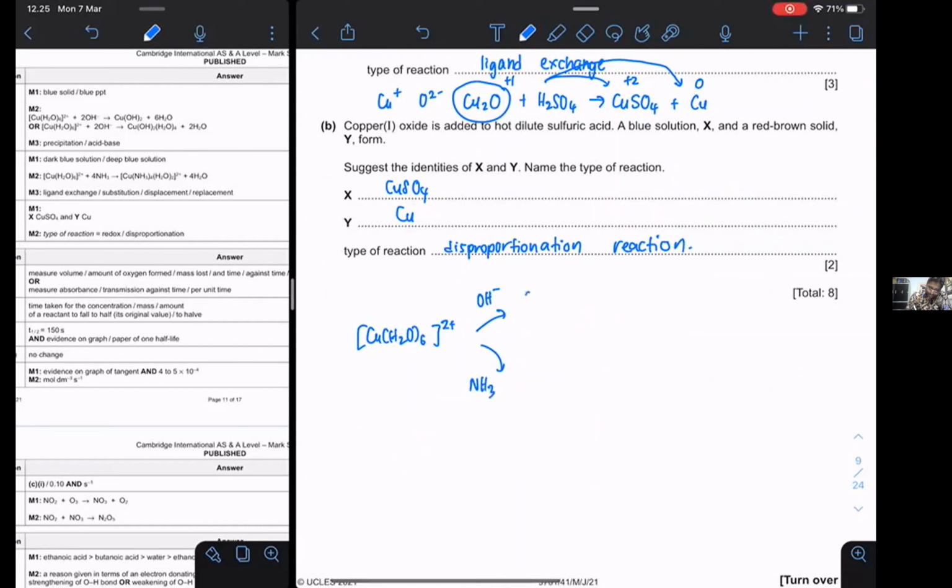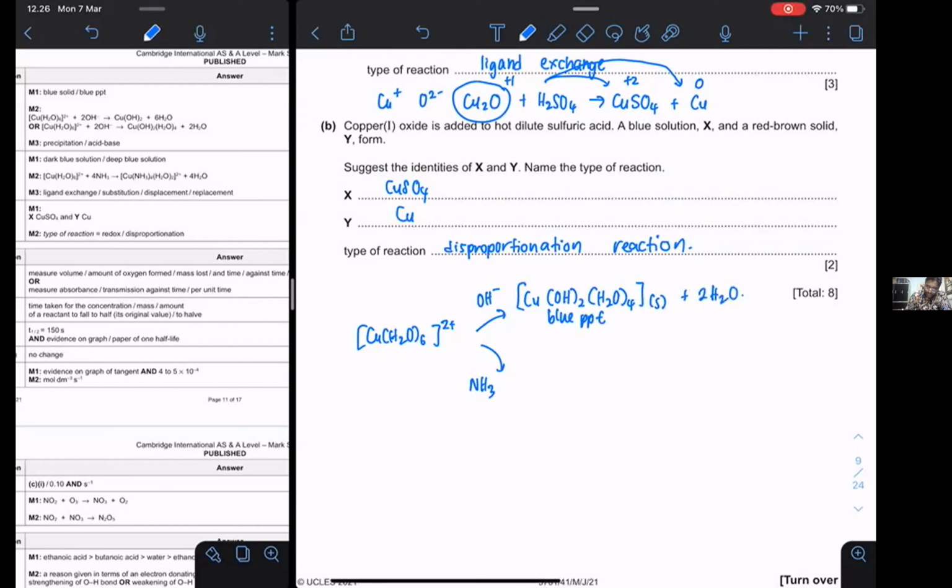So if you react with OH minus, you have Cu(OH)2(H2O)4, which is neutral, so this is going to be a solid, a blue precipitate, and it gives you 2 H2O.